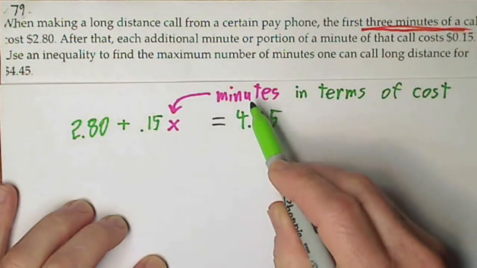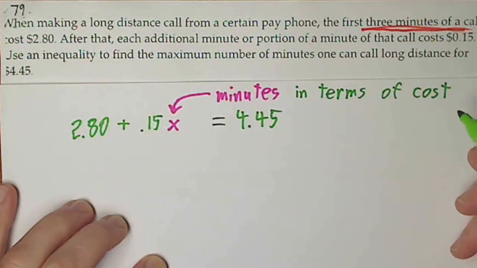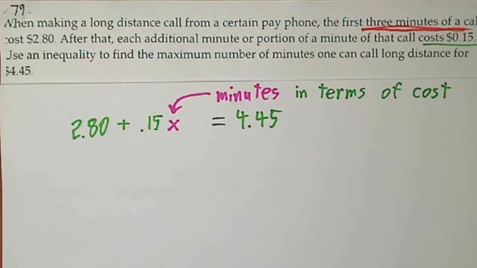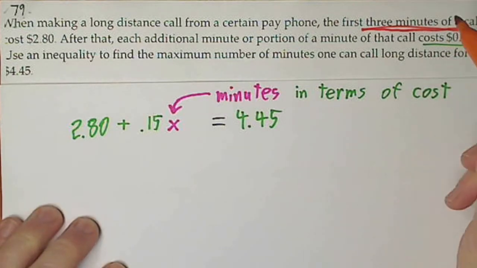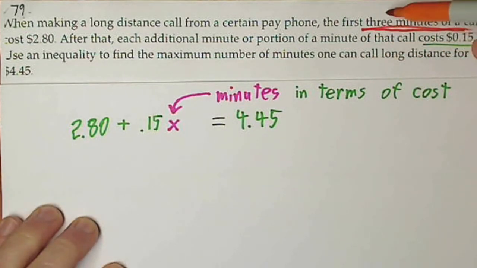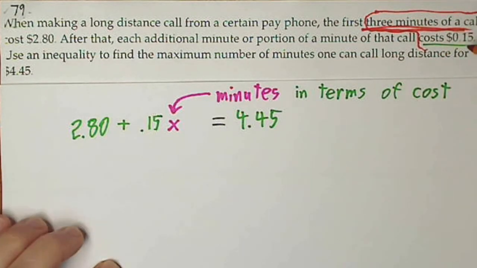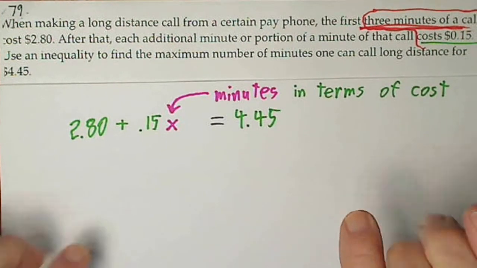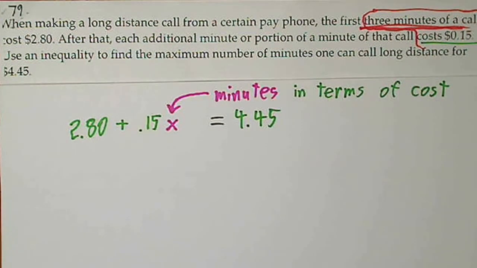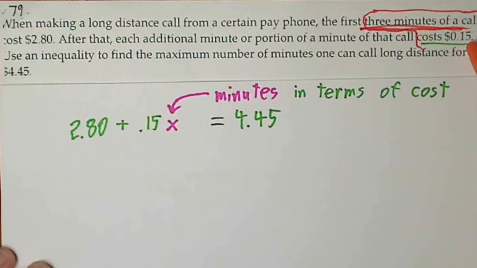Okay, this is minutes in terms of cost, and we know that the cost here is 15 cents a minute. And I'm emphasizing this because there's 3 minutes worth of talking that I'm really not accounting for yet. This 3 minutes of the call, we want it in terms of cost so we can put it in our equation. Okay? So 3 minutes are going to cost 45 cents, right? 3 times 15 is 45.